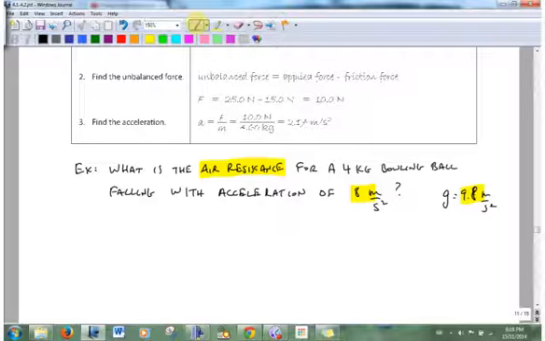Okay? So, what is the air resistance? That's what I'm trying to find. We should start with a drawing, and this one's easy to draw because it's round, a sphere, it's a bowling ball. First thing, it's going down. I have a force of friction, that's what I'm trying to find out. Fg is mg, and this is on Earth. Okay, so like I said, if there was no force of friction, this thing would fall at 9.8.